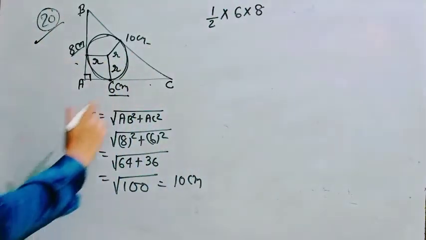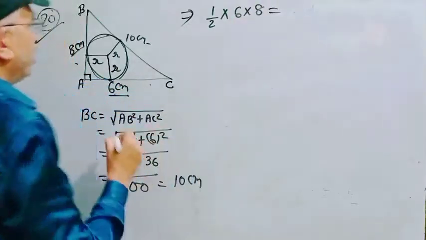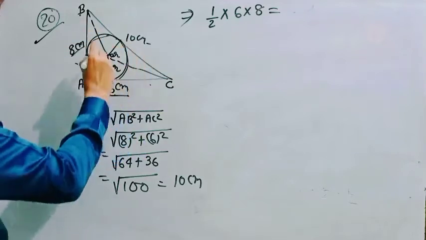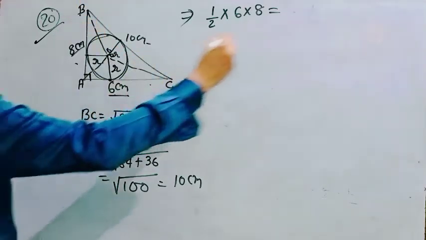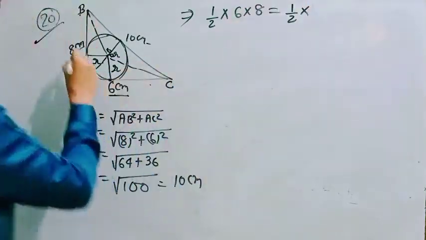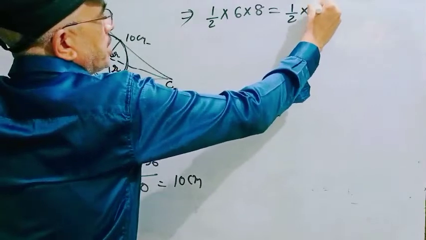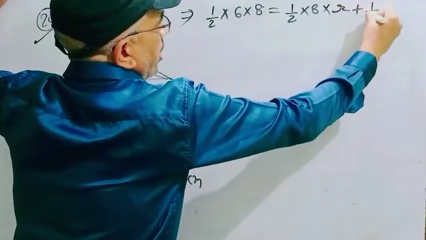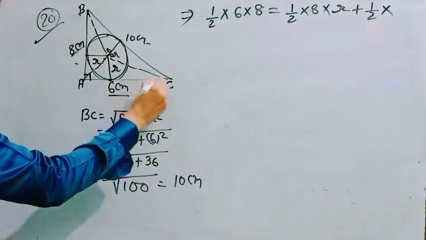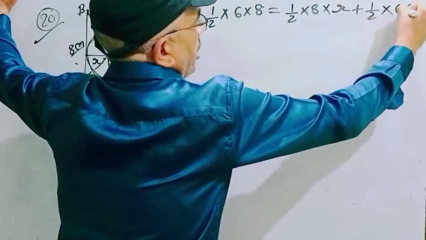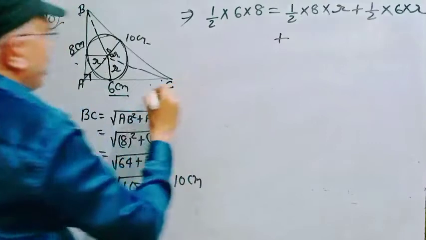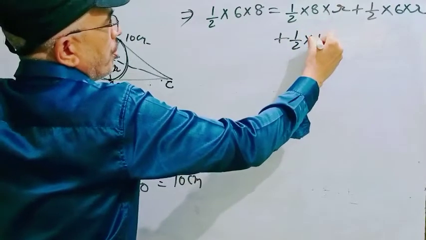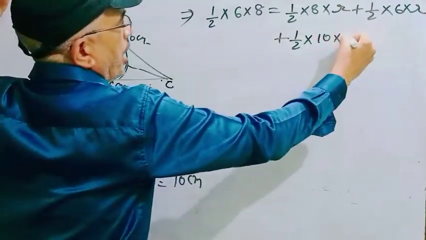It is the area of the triangle, and it is equal to the sum of the areas of these three triangles, such that this triangle is AOB. Its area is 1 by 2 into base 8 and height r, plus 1 by 2 into, now AOC, base is 6 and height is r, and the third area of BOC is equal to 1 by 2 into base into height r.